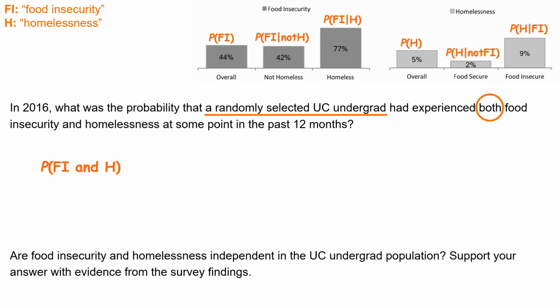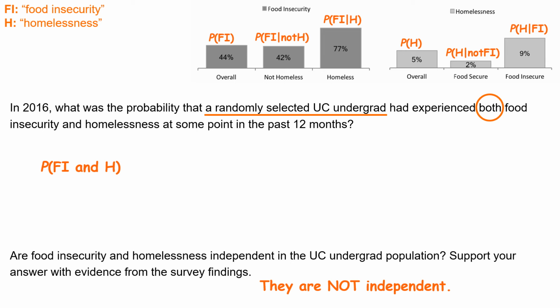And again, because we have so much information here, there's more than one way we can approach that. The first thing we need to realize is that it would be a mistake to simply multiply the general probability, the overall probability of food insecurity, by the overall probability of homelessness. Why is that? Well, the graphs clearly show that the proportion of students who experience food insecurity depends on whether they have not experienced homelessness, whether they have experienced homelessness, or if we don't know anything about that.